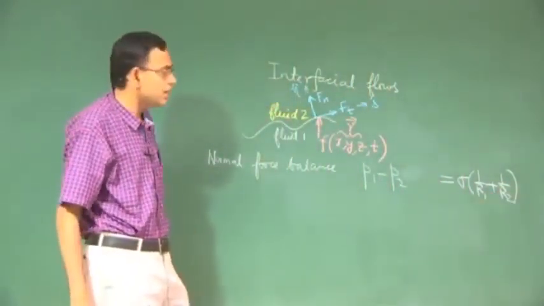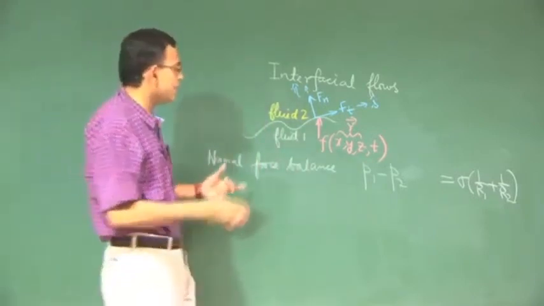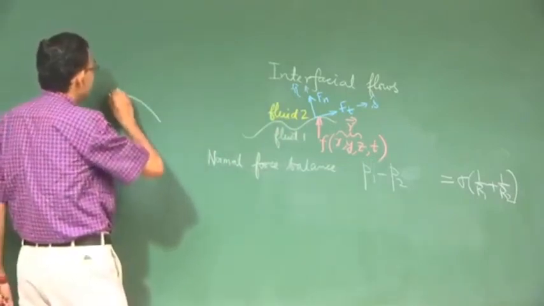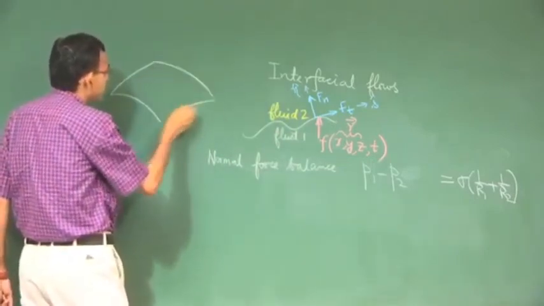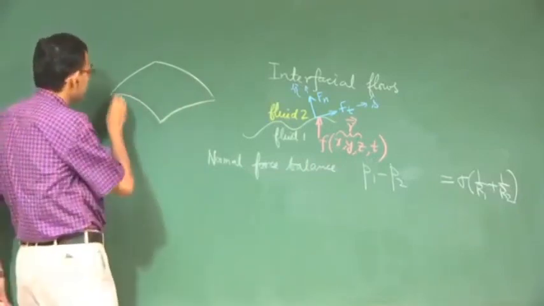This is the Young Laplace equation. What does it tell? If you have an interface, I am just making a schematic of a membrane which is a symbolic interface.